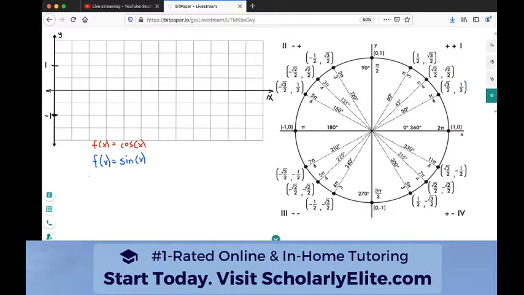And you'll see what I mean in a second. So again, remember that on the unit circle, you have cosine as the x value and sine as the y value. On the graph, you have this going up until ideally 360 degrees. So I'm going to put some little marks here so everyone can see what I mean.